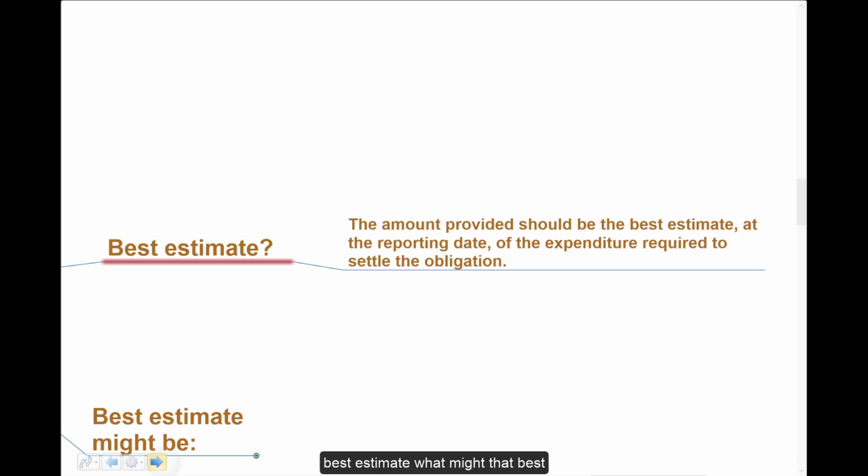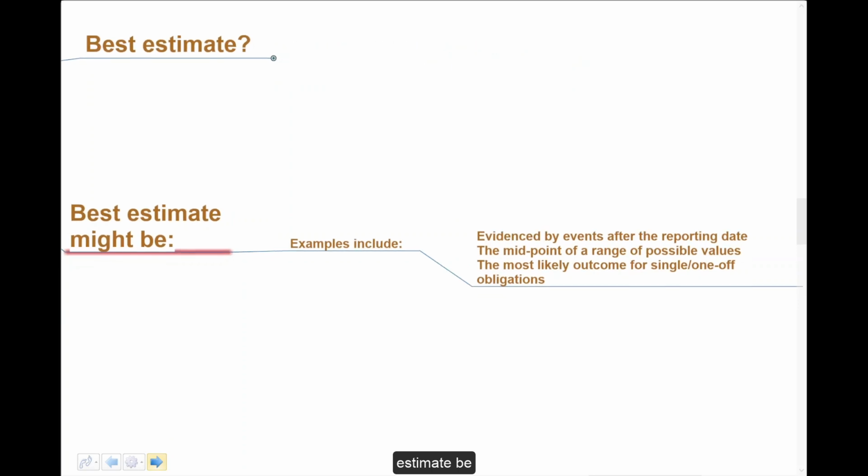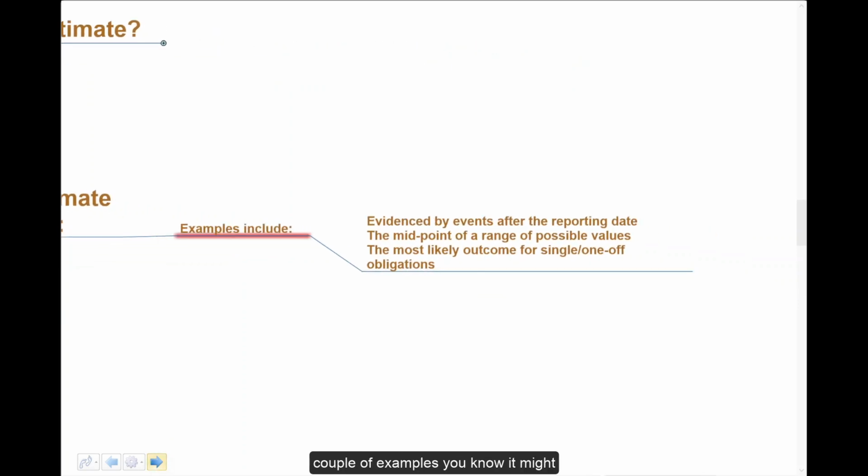What might that best estimate be? Where might it come from? Well, a couple of examples. It might well be that we've come across some form of evidence that provides us with that. Perhaps someone else, it could be a lawyer, it could be a lawyer for the other side, it could be some sort of other event in some way, shape or form that provides us with information.